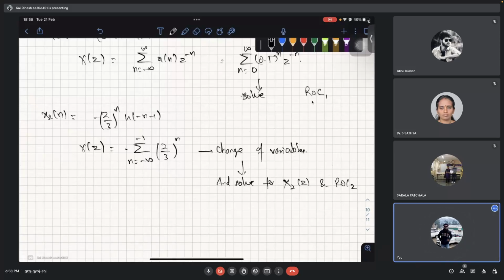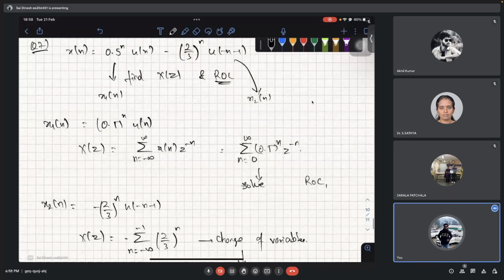So what I was discussing was, we have a signal x of n, which is a summation of two signals, 0.5 power n u of n and minus 2 by 3 power n u of minus n minus 1. What we're trying to find is the final X of z for this x of n and the ROC. So we split the signal into two parts, x1 of n and x2 of n, where x1 of n is 0.5 power n into u of n.